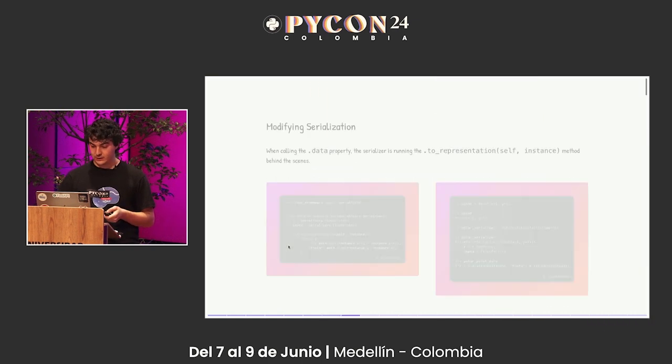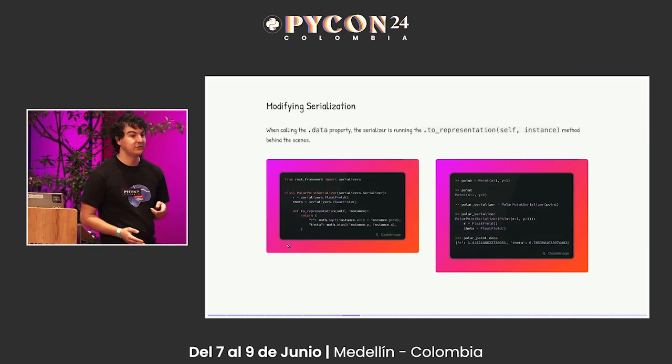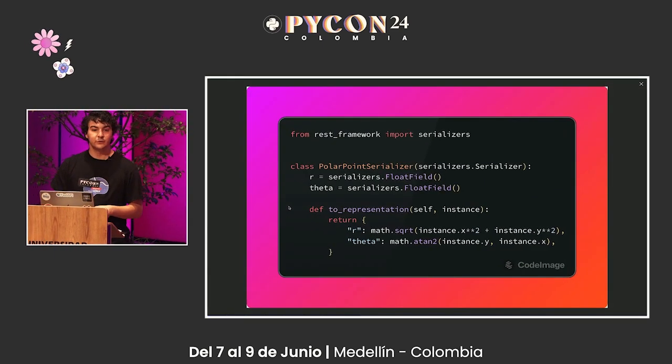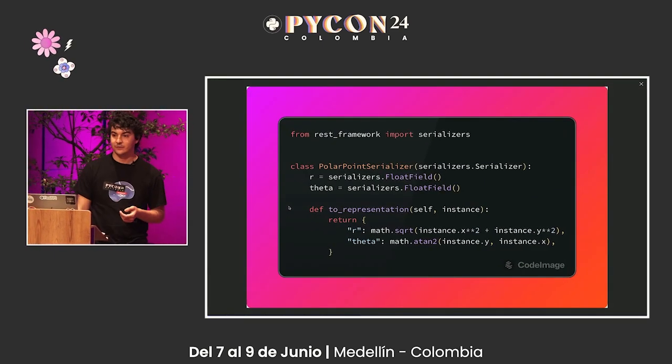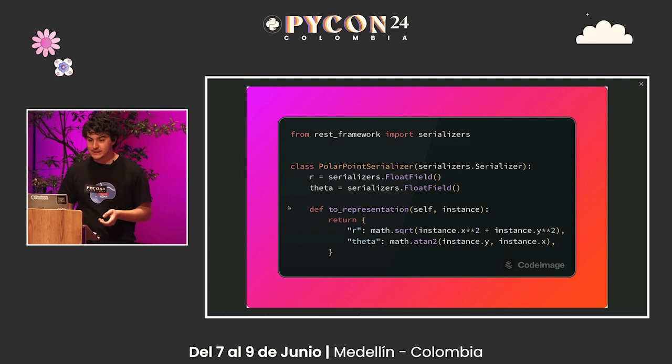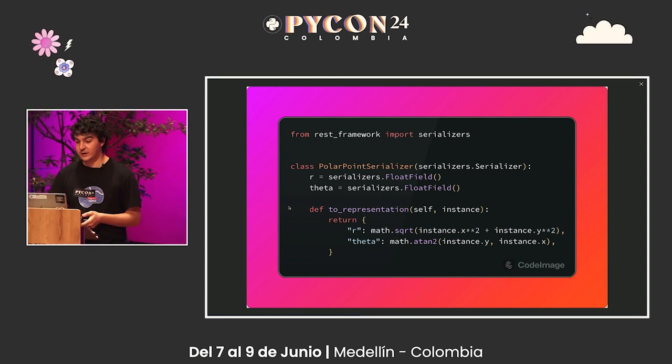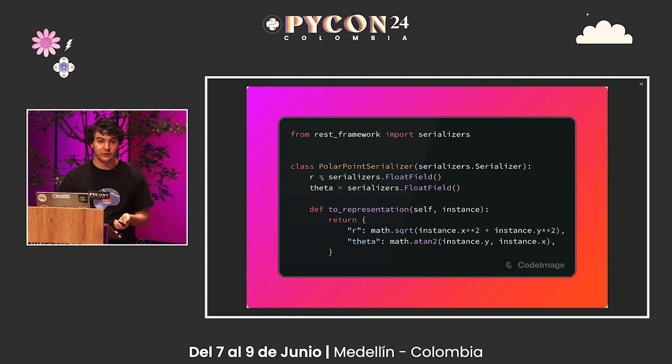Now, when you want to modify how this serialization goes, let's go with this example. Now you want to put it in polar coordinates. So with the same object, you have the point with x and y. Now you want this representation. So you got the r and theta, and instead you change the to_representation method. The to_representation method is where the magic happens.